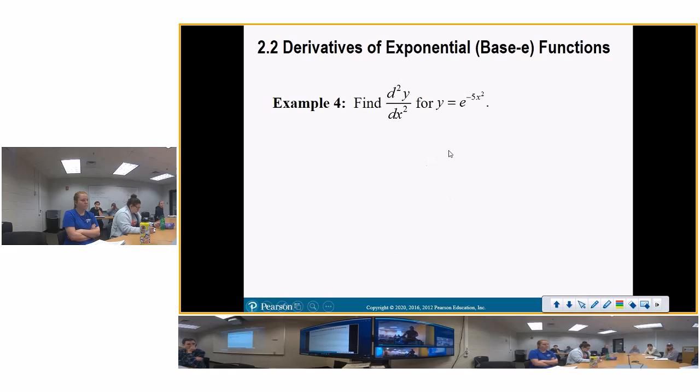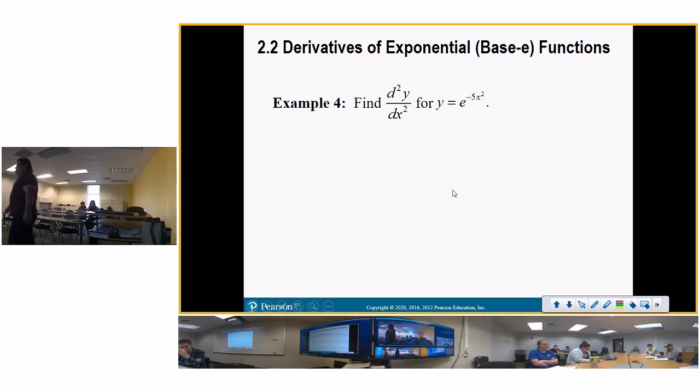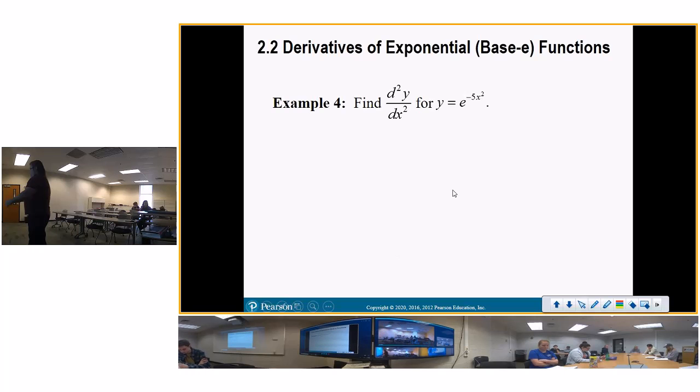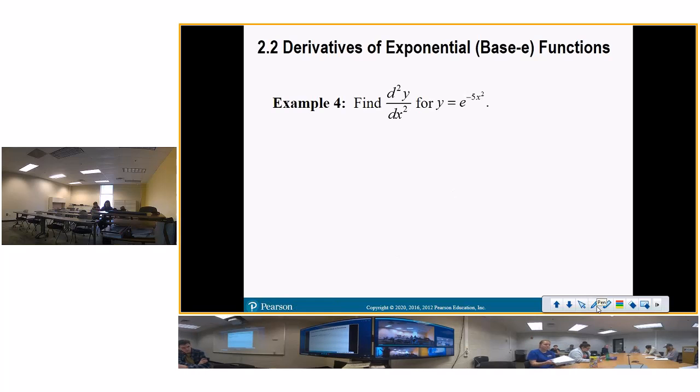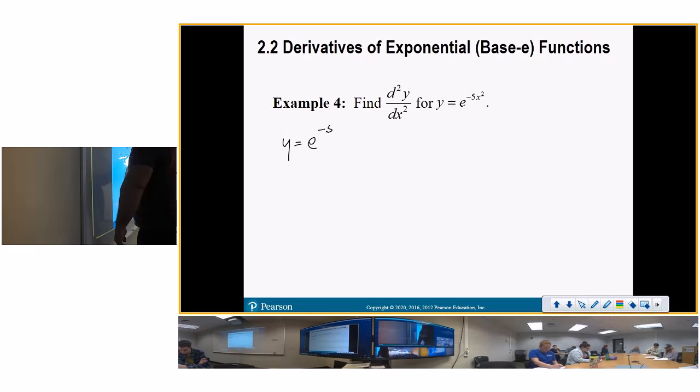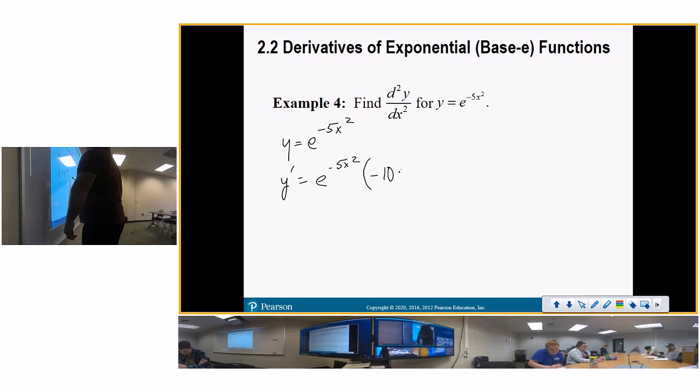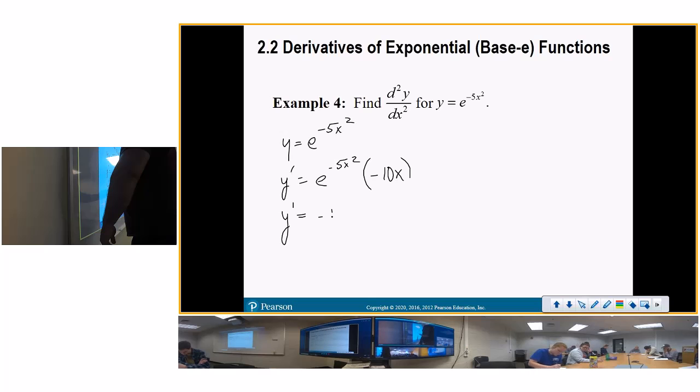Okay, now find the second derivative. Second derivative, first derivative, let's go ahead and find it. So y is equal to e to the negative 5x squared. That's going to be y prime is equal to e to the negative 5x squared times negative 10x, so y prime is equal to negative 10x times e to the negative 5x squared.